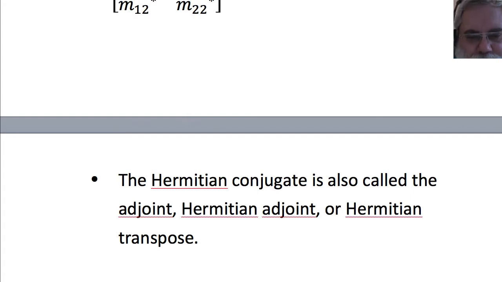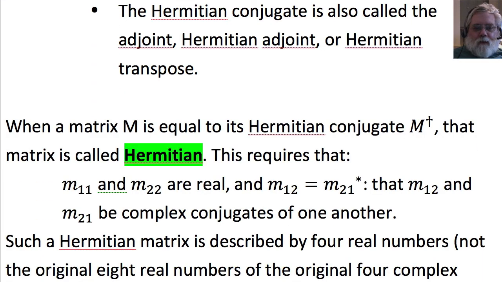Now, if you're a mathematician, you might say, well, an adjoint is a little different than a Hermitian conjugate, and that may be mathematically true. They're the same in the reality of quantum mechanics use of mathematics.